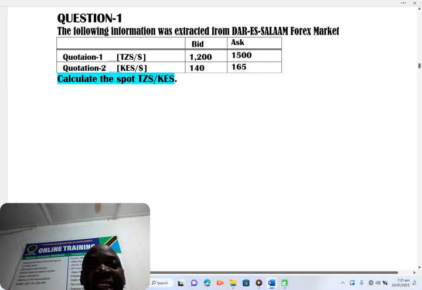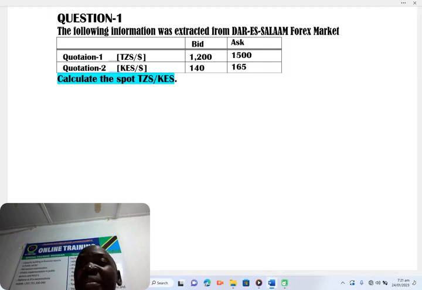So he's saying the following information was extracted from Dar es Salaam Forex market. Quotation 1 is Tanzanian shillings against dollar, and 2 is Kenyan against dollar.